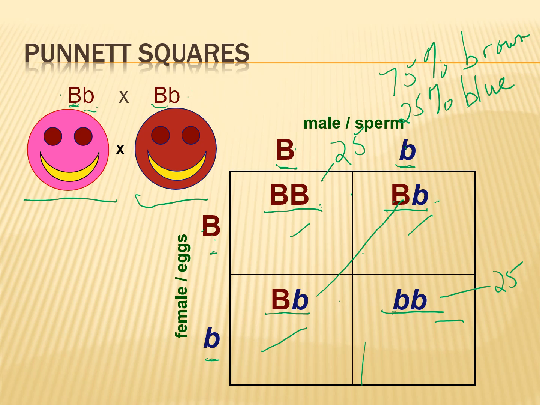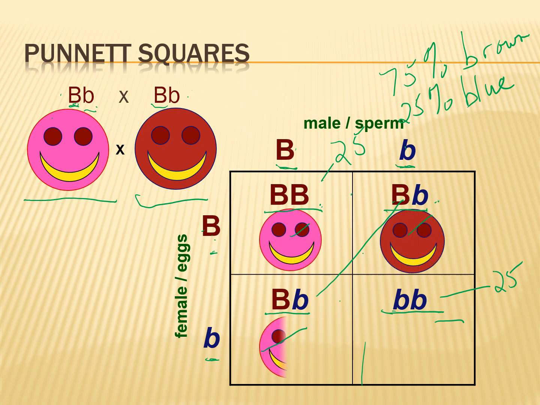So that would be the predictions if you cross 2 heterozygotes for eye color. You would have a 75% chance of brown eyes, 25% chance of blue eyes. And that would be for any dominant recessive trait where both parents are heterozygotes. So they have one of each allele. You would see this outcome on your Punnett square.